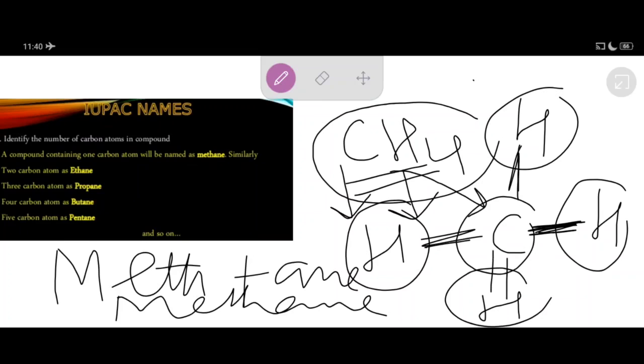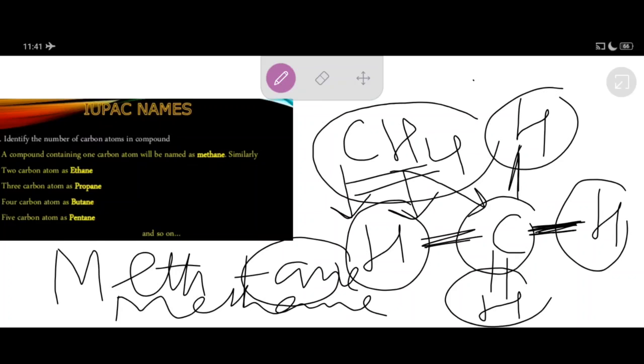The saturated hydrocarbon is indicated by the ending "ane". So on joining "meth" and "ane", the IUPAC name of this compound becomes methane. Jot it down with me. This compound is known as methane according to the IUPAC, that's International Union of Pure and Applied Chemistry.